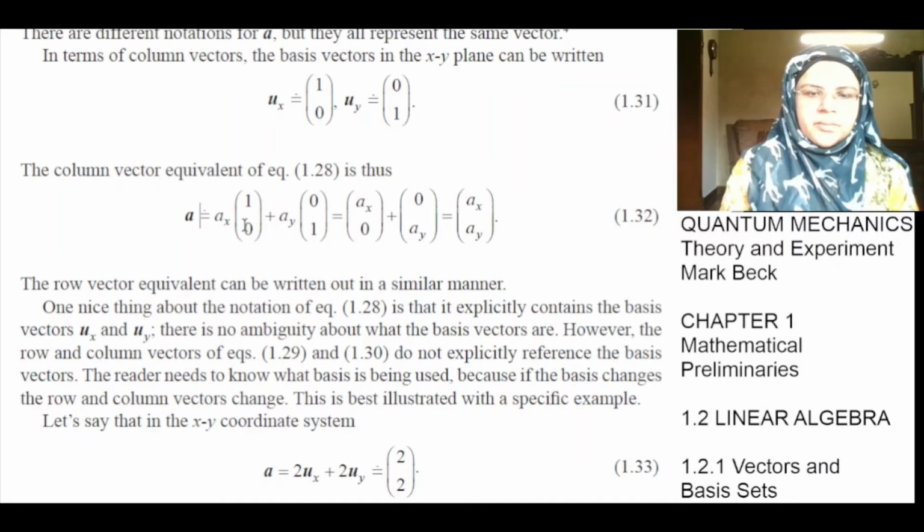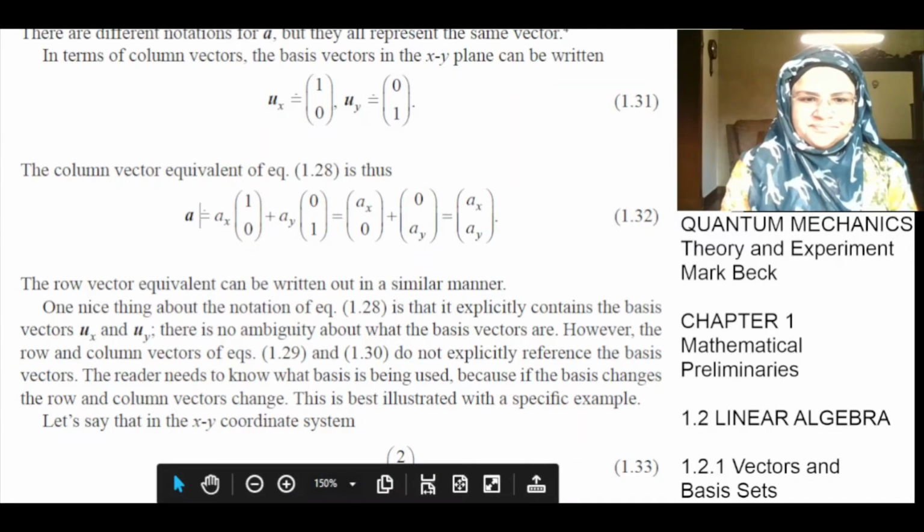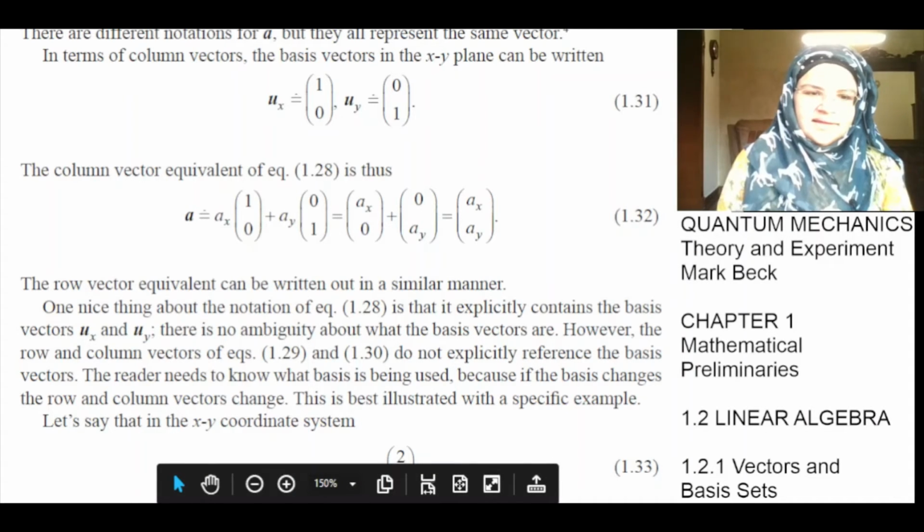Since ux = column (1, 0) and uy = column (0, 1), we get ax times column (1, 0) plus ay times column (0, 1). If we carry out the multiplication, we get column (ax, 0) plus column (0, ay), and if we add it, we get column (ax, ay). The row vector equivalent can be written out in a similar manner.